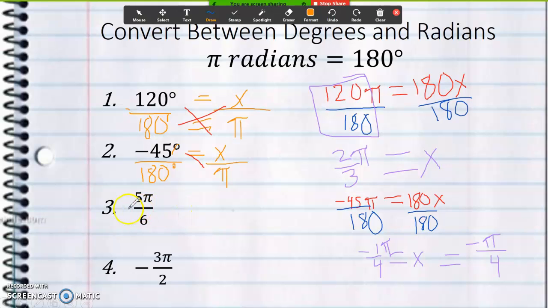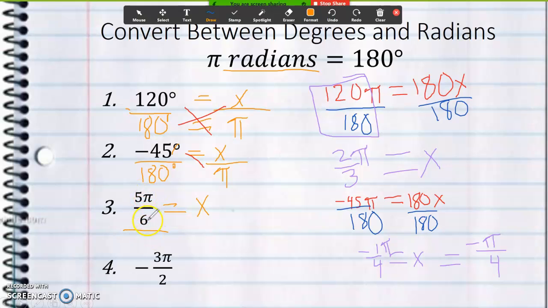So now we should notice that this isn't degrees, it's radians. You should know that it's in radians because most of the time it's not going to have a little degree sign, or it's going to have a pi in it. It might not always have a pi, but normally it does. So 5 pi over 6 is equal to x degrees. Make sure you set up your equation correctly.